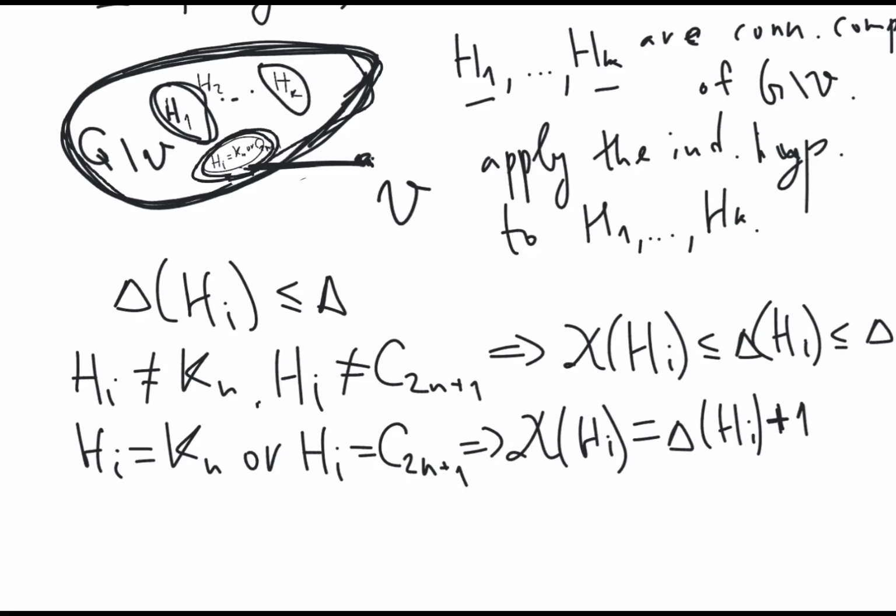And this holds for any component, actually. Even if G minus V is connected, so even if it's the only connected component in G minus V, it still must be connected to V somehow. And because the whole graph is connected, the only way for it to be connected to V is to have an edge between V and some vertex in this graph.